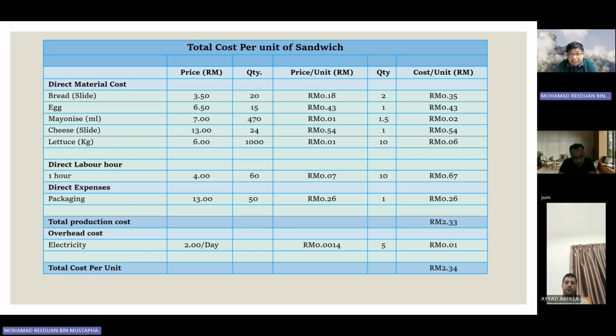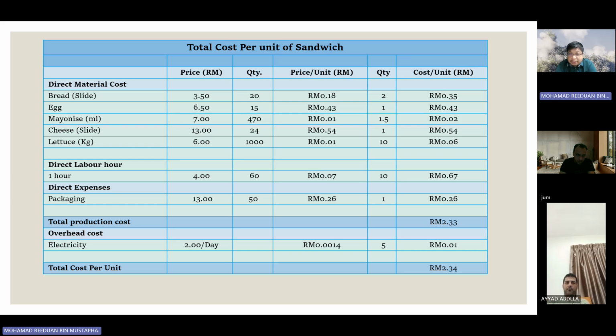That is the same with the exam question. If the question gives you values, then you have to convert to unit. Then if you want to know your total cost, you need to multiply by the production, how much you want to produce. So let's say here the cost per unit is 2 ringgit 34 cents.